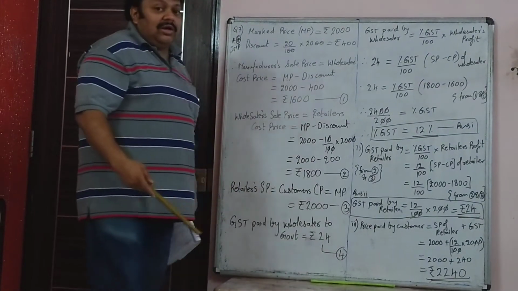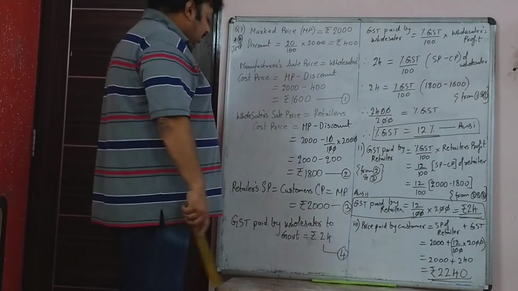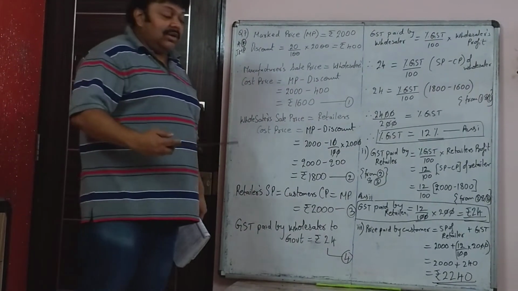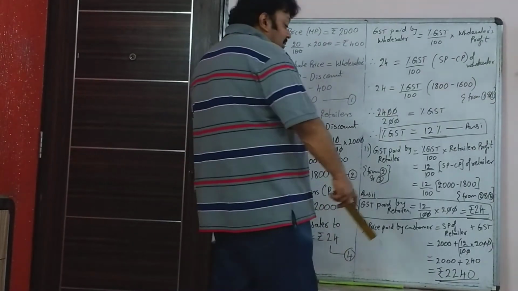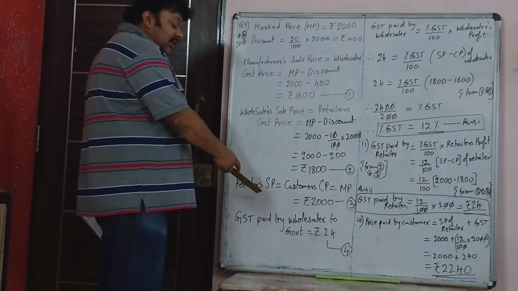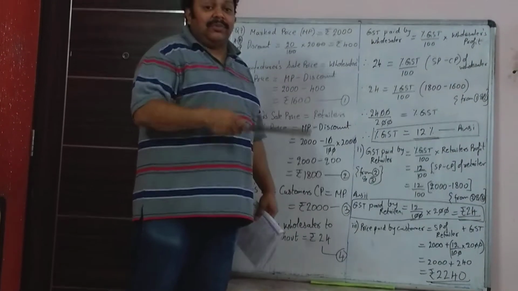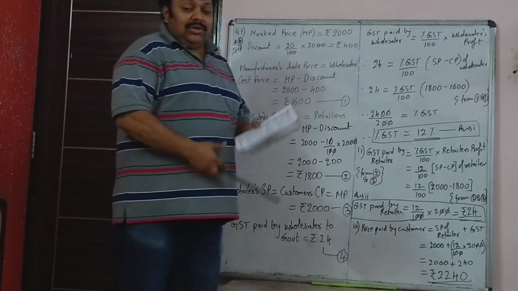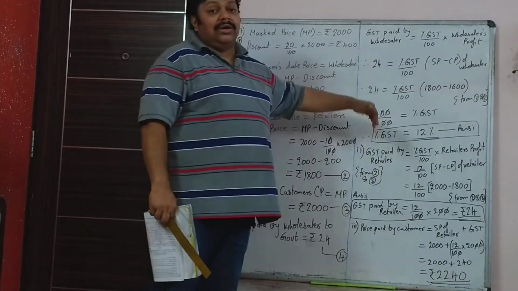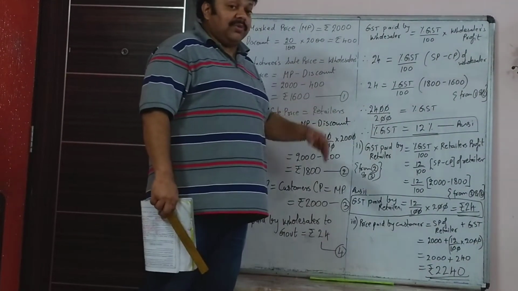And finally they have asked that if you or I go to the shop and buy it from the retailer, how much money will we have to pay? How much will the customer have to pay? So the customer will pay the sale price of the retailer, plus he will have to pay the entire GST on the entire SP amount, the invoice amount, because he is collecting it and he is paying a part of it to the government, and the remaining part, as I showed in the flow chart, he will pay the previous person.